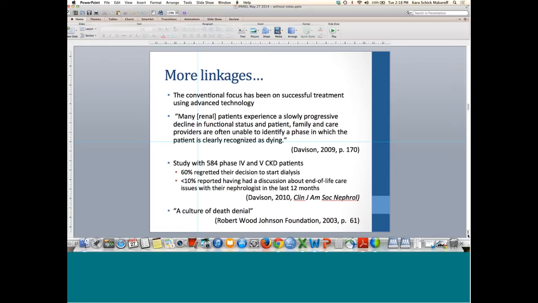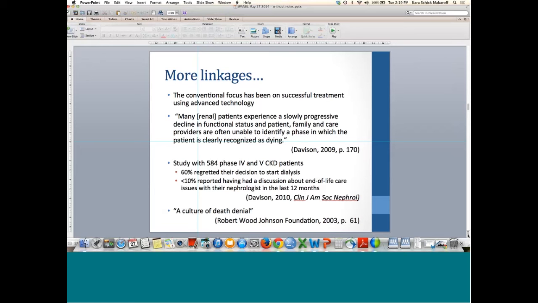That identifies that there is often no clear-cut palliative phase, that this transitioning is much more fluid and invisible to many patients and to many healthcare providers.